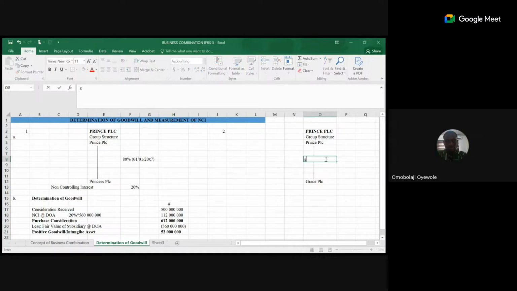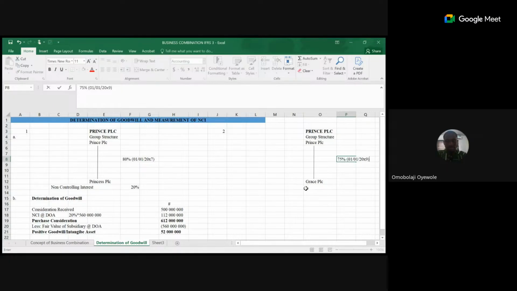So we have the interest to be what? 75%, and the date of acquisition is what? First of January 20X9.